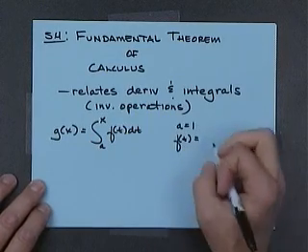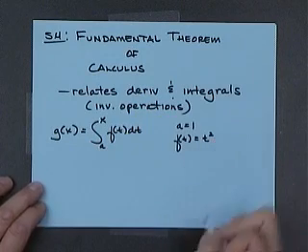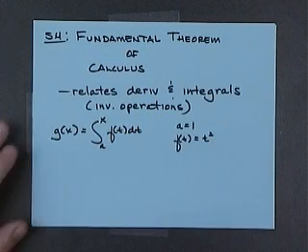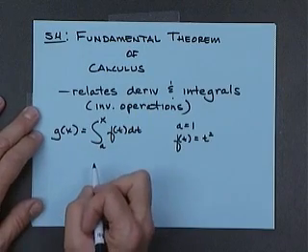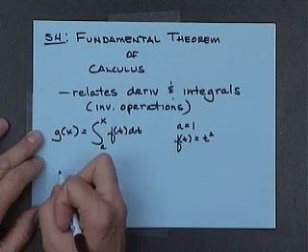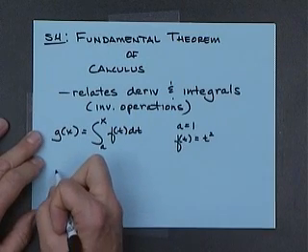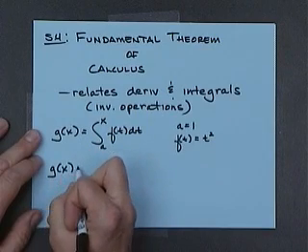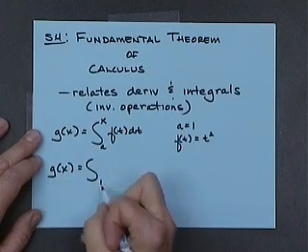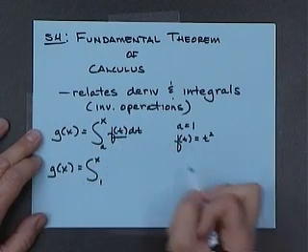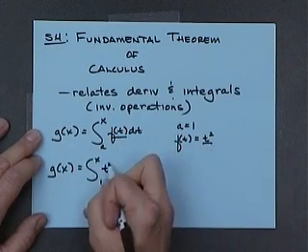Let's let our function of t be t squared. So for this particular example, for this one function only, we're going to go from 1 to x. Our f of t is t squared.